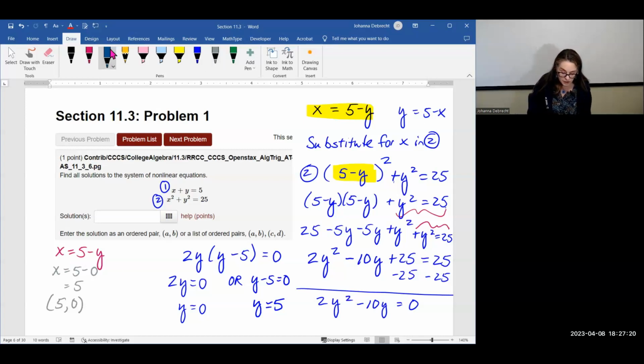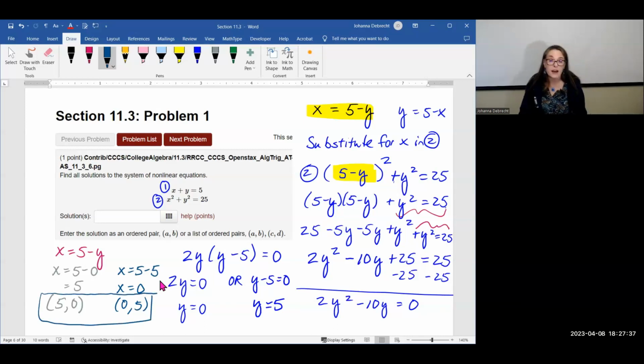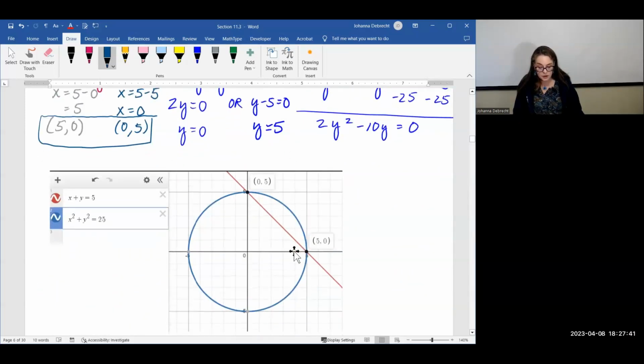Now for the other one, I'm going to have x equals 5 minus the other y value, which was 5, and this gives me x equals 0, so I have 0, 5. I have two solutions here, 5, 0, and 0, 5. I went ahead and graphed these for you so you can see what's going on.